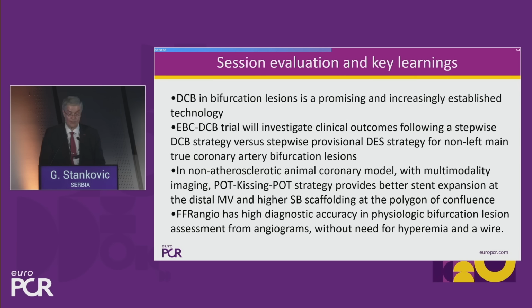In a non-atherosclerotic animal coronary model with multimodality imaging, a POT-kissing-POT strategy provides better stent expansion at the distal main vessel and higher side branch scaffolding at the polygon of confluence. And FFRangio has high diagnostic accuracy in physiologic bifurcation lesion assessment from angiograms without need for hyperemia and the wire.